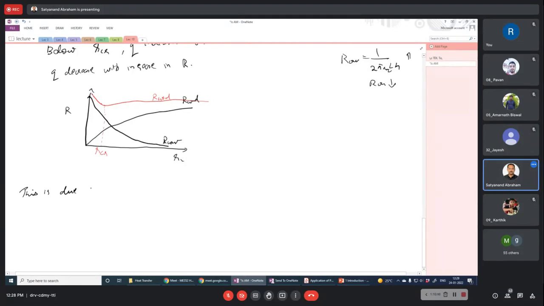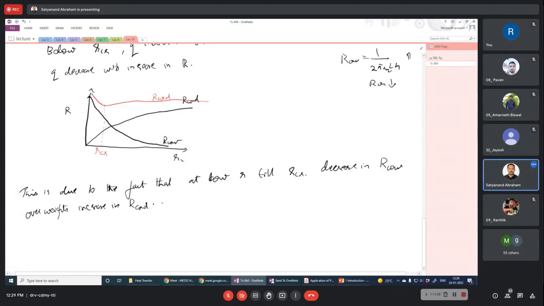This is due to the fact that at low values of R, up to R critical, the decrease in R convection overweighs the increase in R conduction.